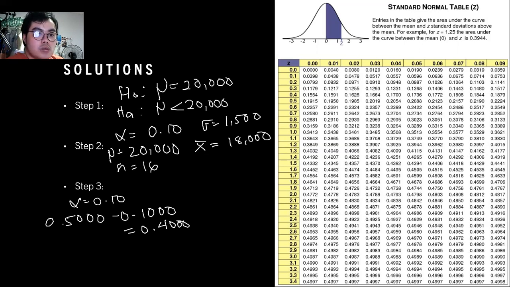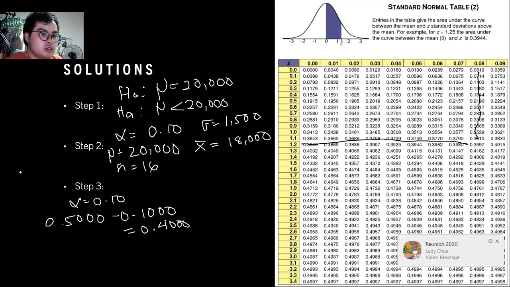So this one is close with 3.997. Okay, so we can tell that, so super lapit kasi closest siya sa 3.997. So we can tell that the critical value is 1.28. So the critical value is 1.28.